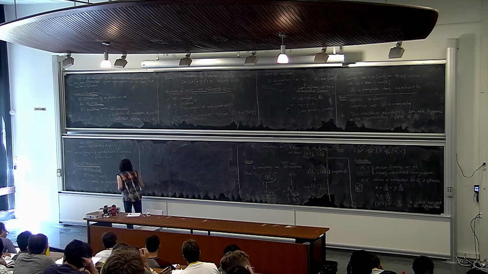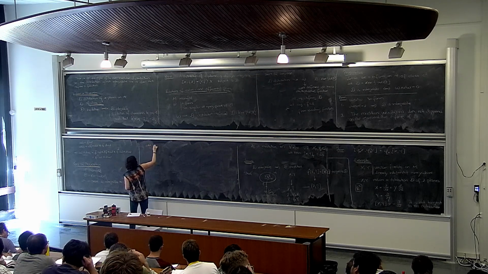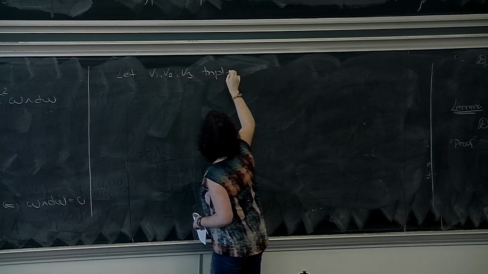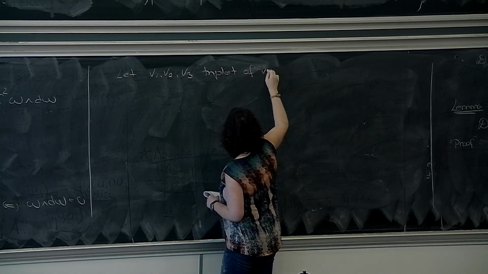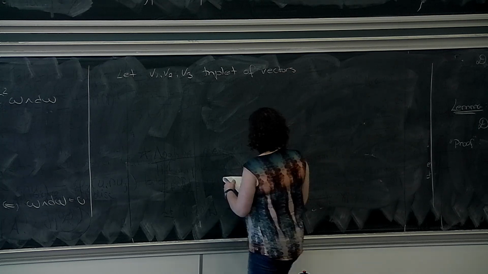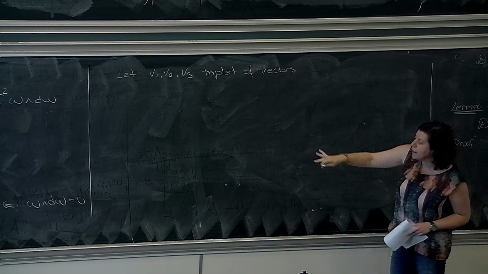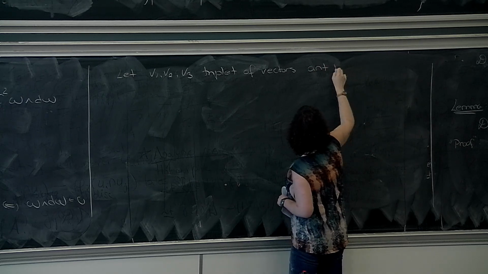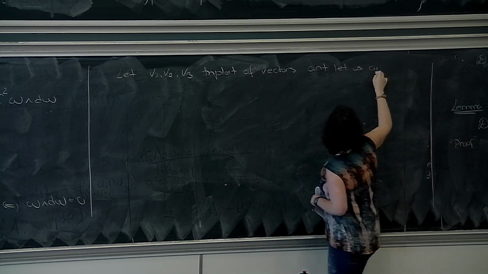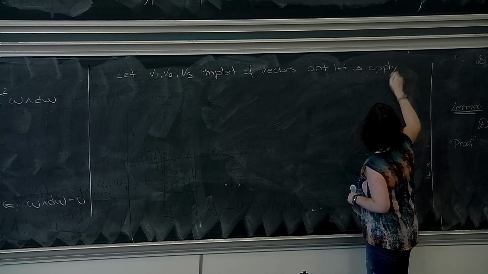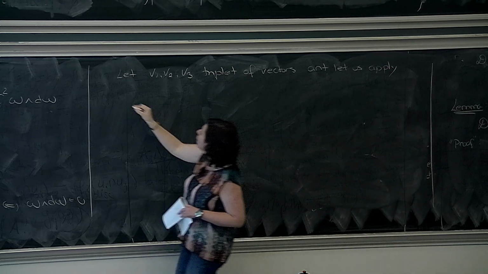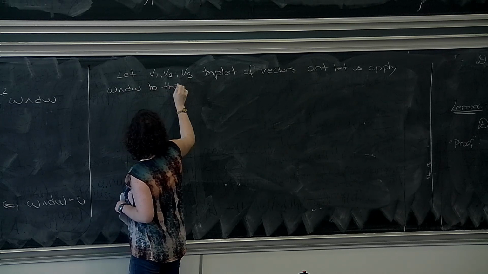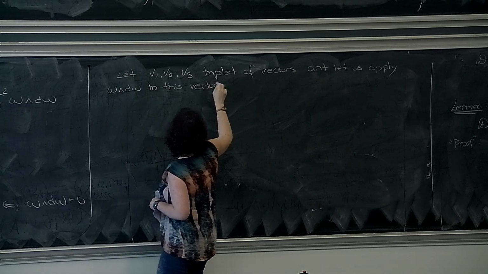So let us start by taking V1, V2, V3, a triplet of vectors. Okay, and let us apply W to these vectors. At some point.